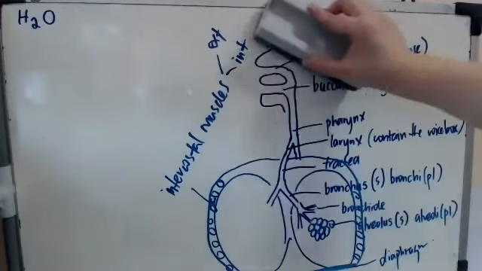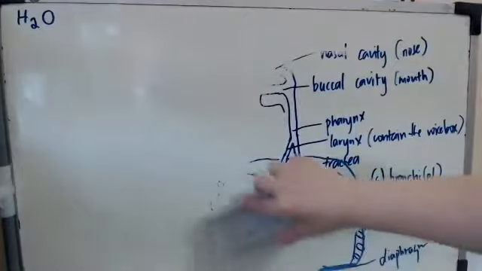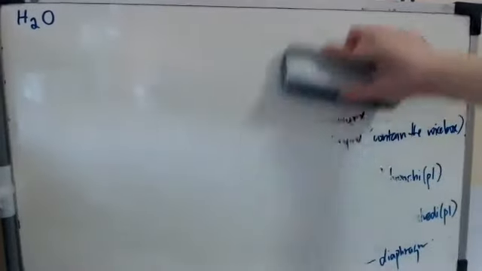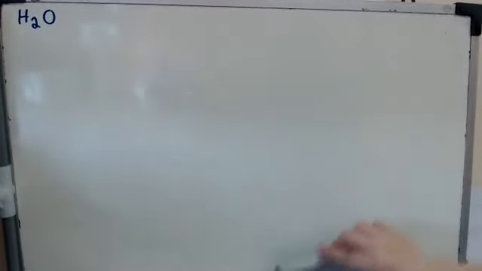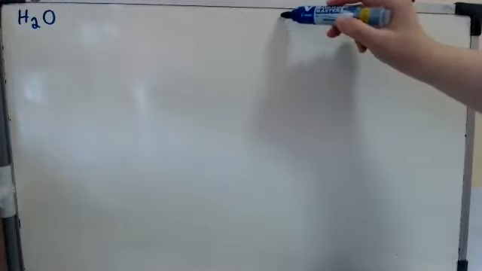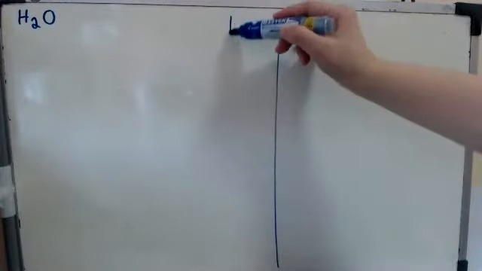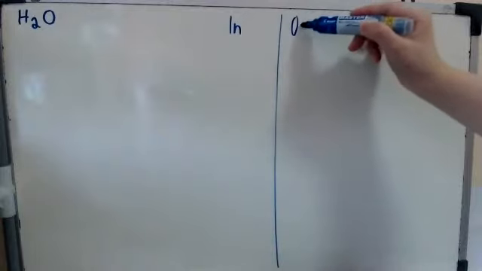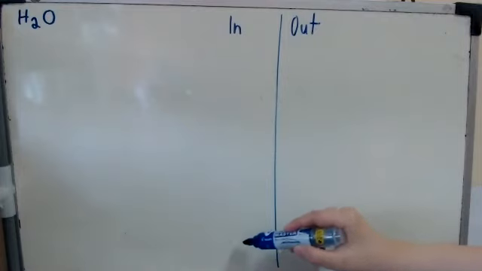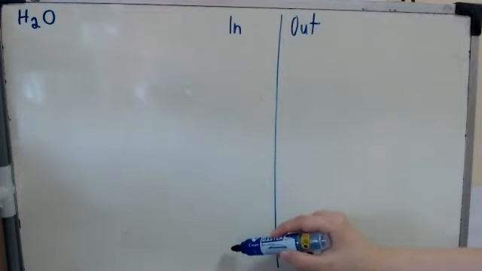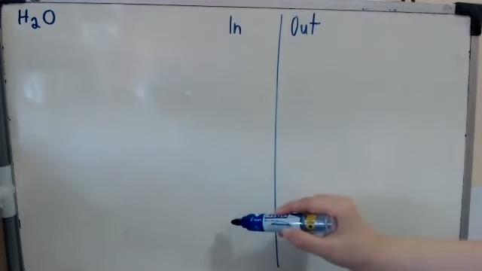Next, let's take a look at how we breathe in and how we breathe out. When you breathe in, I want to show you an illustration. You can imagine two conditions.